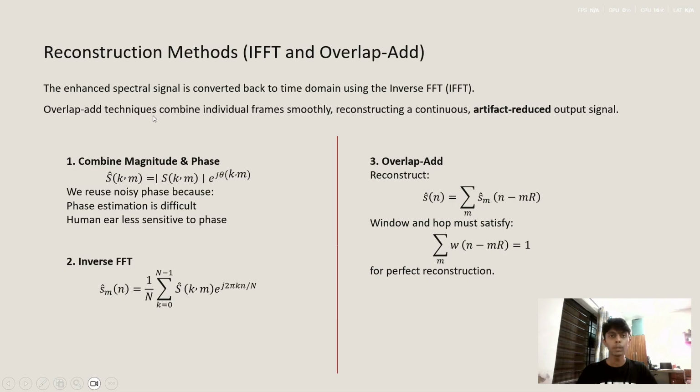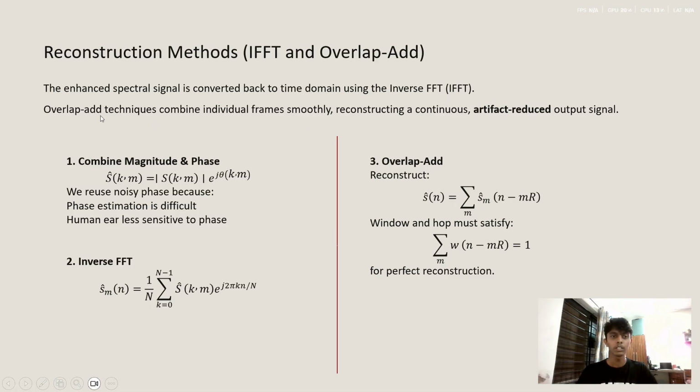This overlap add combines individual frames smoothly, reconstructing a continuous artifact reduced output signal. As I said, the musical noise is a drawback, and this overlap add is a technique to counter the musical noise.